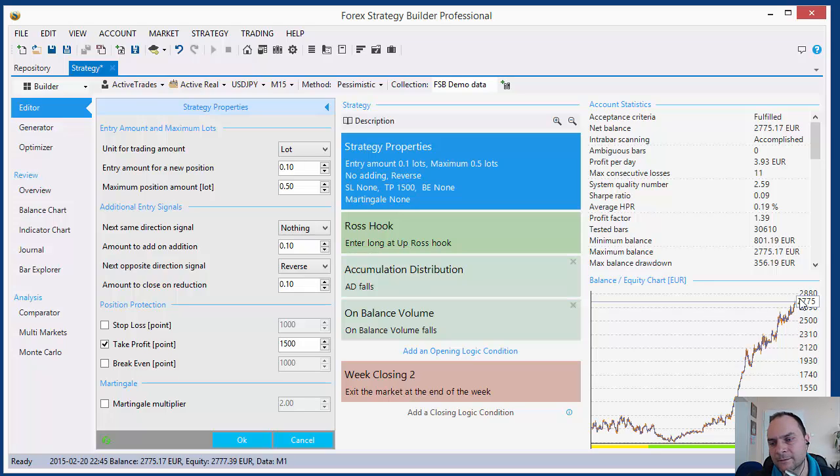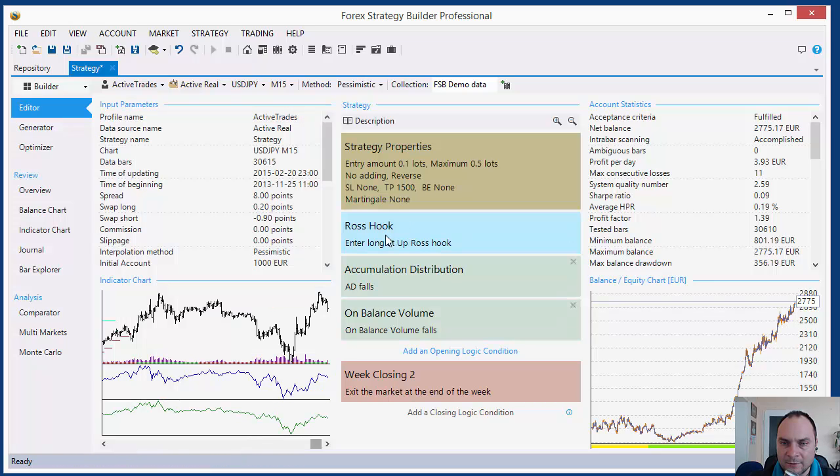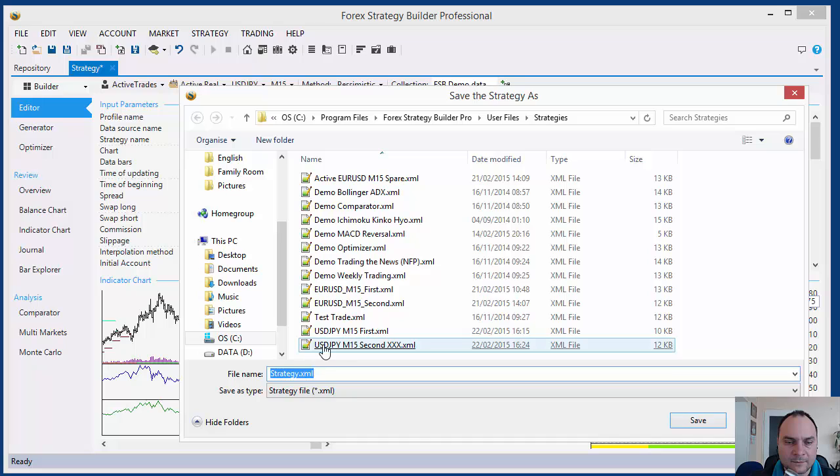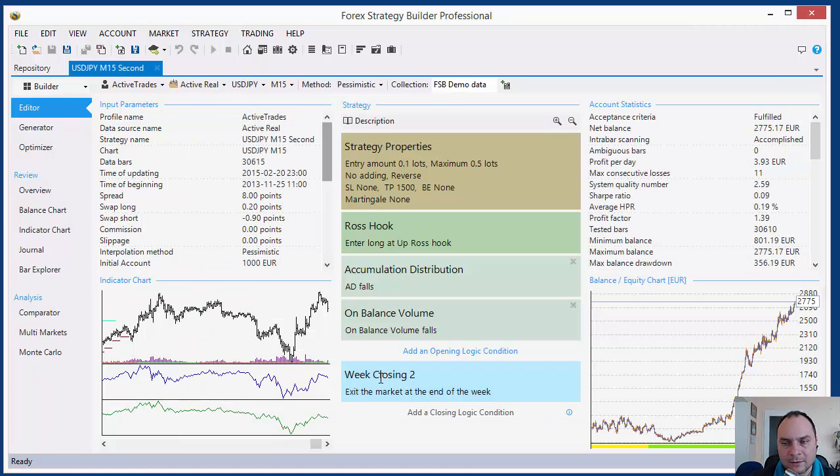It's the same. Oh, I like that strategy. I'll keep it, and this will be my second strategy. So let's save it. Okay, so what happened?